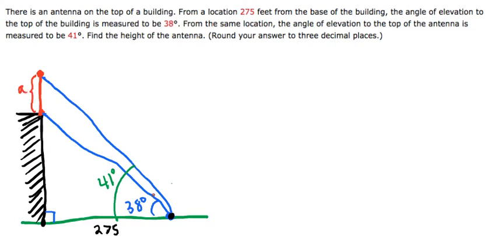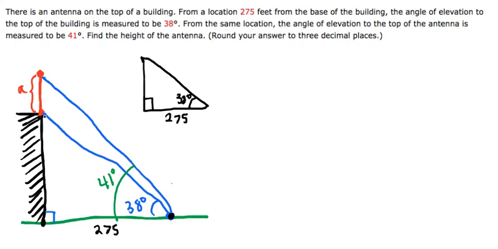Now what we have are two separate right triangles, and it's a little difficult to work with them because they're drawn on top of each other. So to make this a little bit simpler, I'm going to draw these triangles out separately. So here's the smaller one. This is the 38-degree angle. And in order to solve this problem, we're going to need to somehow represent the height of the building.